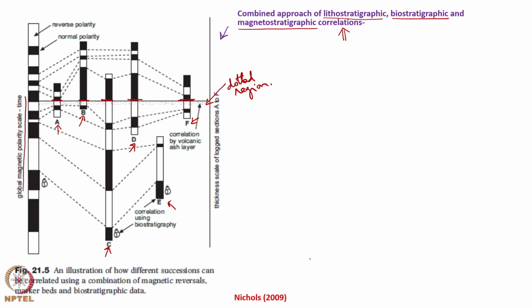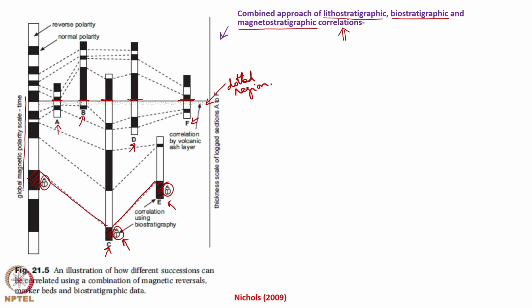Also consider that a biostratigraphic marker, looks like a gastropod over here, is found in these three places, where there is an entirely black region, which means that this is entirely a normal polarity zone. Now, how will we correlate? This biozone gives us confidence to link these black regions in this way.